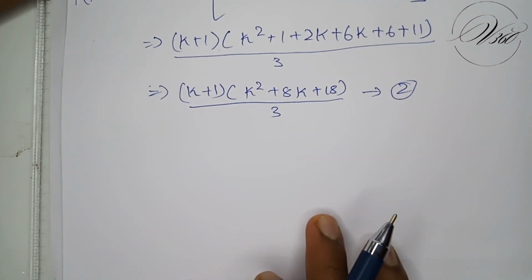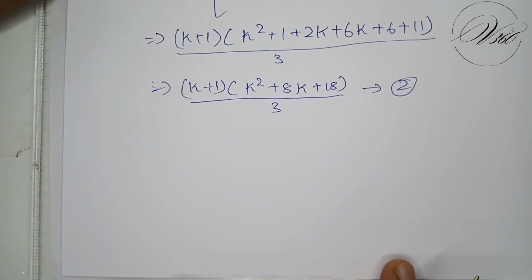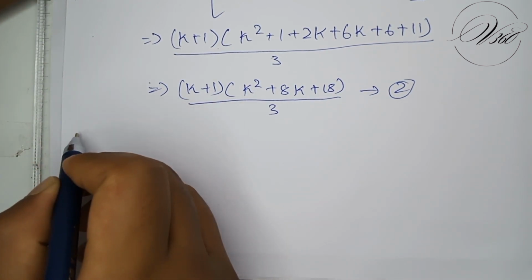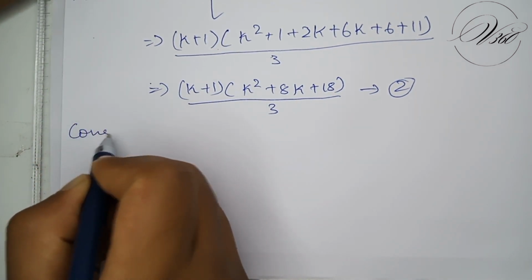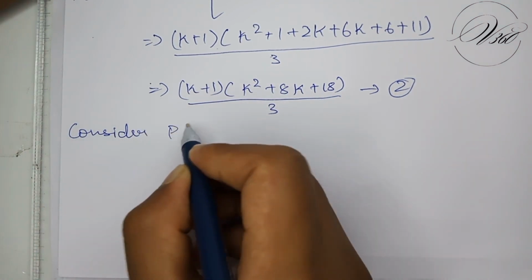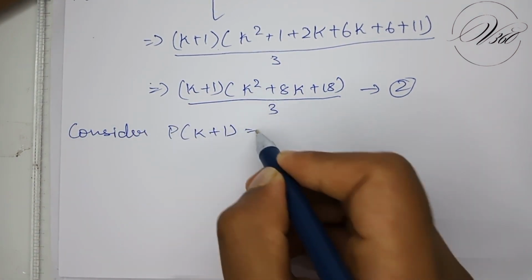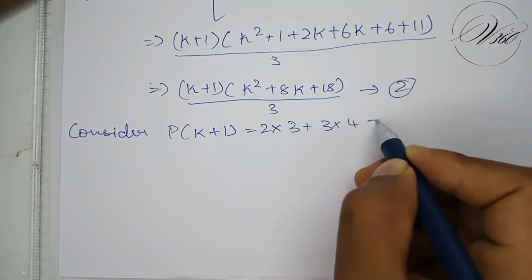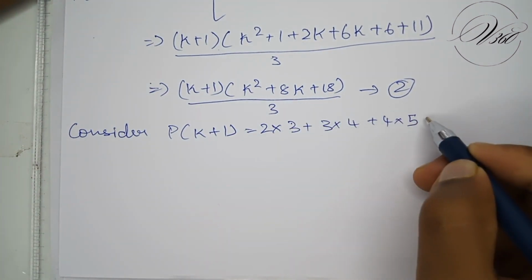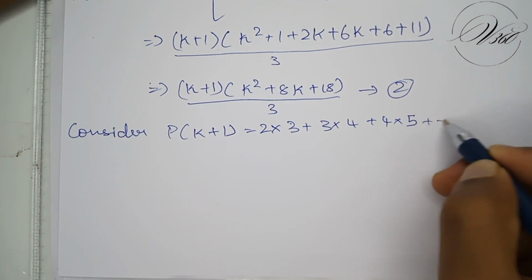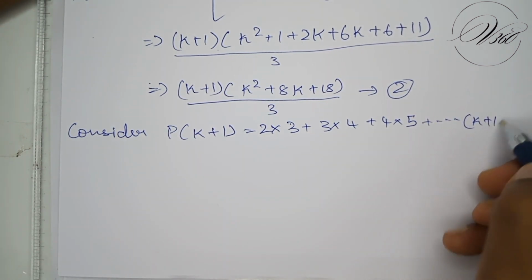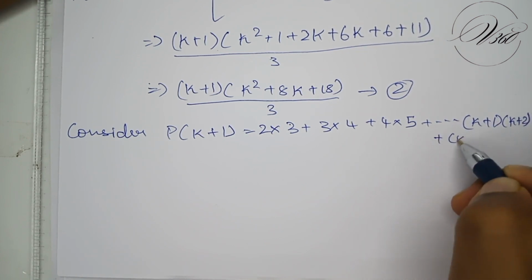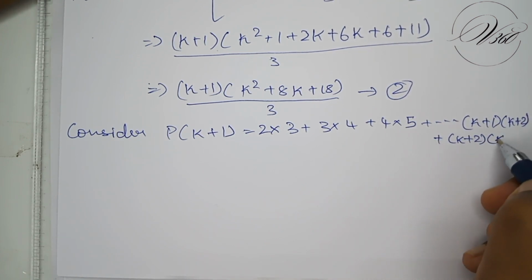Now here we should consider P(k+1) = 2×3 + 3×4 + 4×5 + ... + (k+1)(k+2), and again (k+2)(k+3).